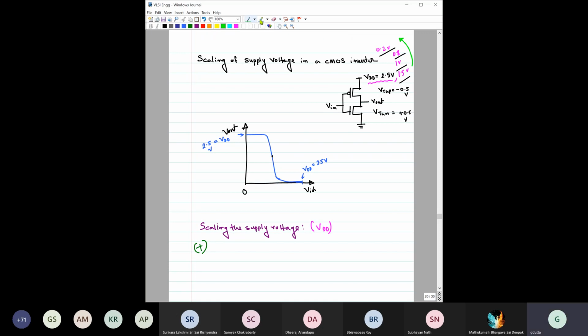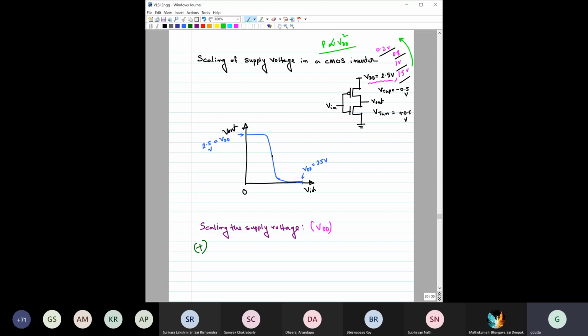So as you can see, if you can reduce this VDD, then the required power you can reduce significantly. So that is one of the driving motivations why we should try to reduce the VDD.